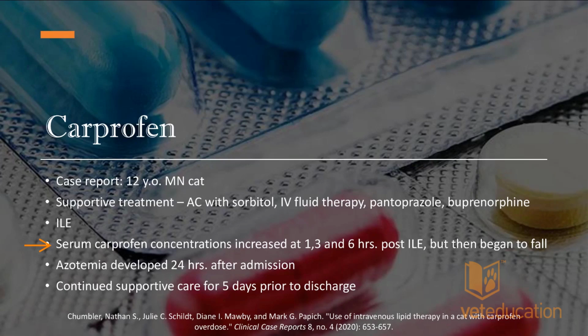This increase is actually thought to be due to the movement of carprofen from the tissues back into the intravenous compartment, or the serum compartment. So this is actually a positive thing, where this amount of drug is now moving out of the tissues back into the circulation where this intravenous lipid is, and then began to fall after the carprofen was hopefully excreted. This cat did develop azotemia at 24 hours after admission, but survived to discharge 5 days later.